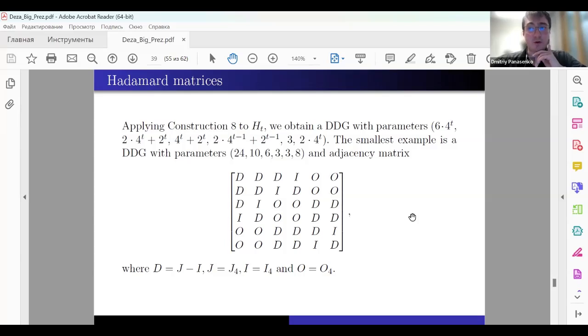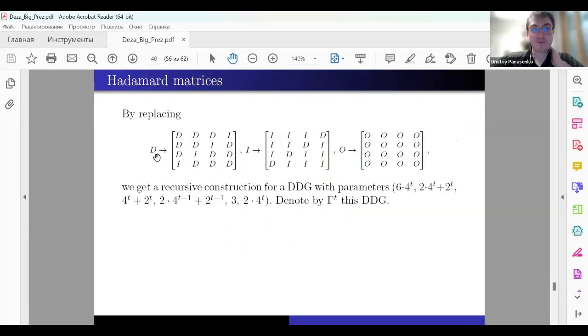Now we can apply the recursive construction to this matrix to get matrices with these parameters for bigger t's. So if we replace each D with this, each I with this, and each 0 just expanded with zeros, we get a recursive construction. I will be calling these graphs Gamma_t.